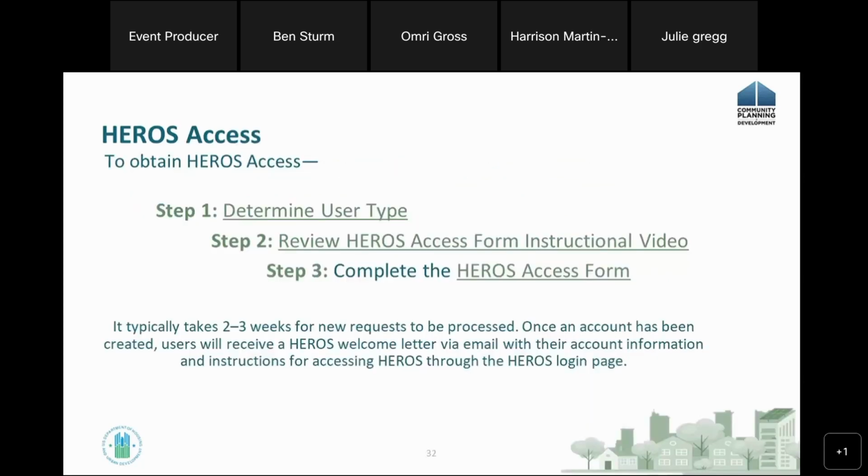Since HEROS is required for all CPF grantees, you will need to obtain access. In order to use HEROS, you'll have to complete the access form. Please note that if you already have HEROS access, you do not need to complete a new access form for CPF. Under step 1, your user type will depend on the entity that you work for. If you're working for a local government, you will register as a responsible entity.